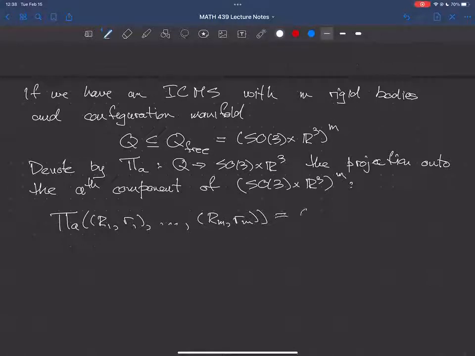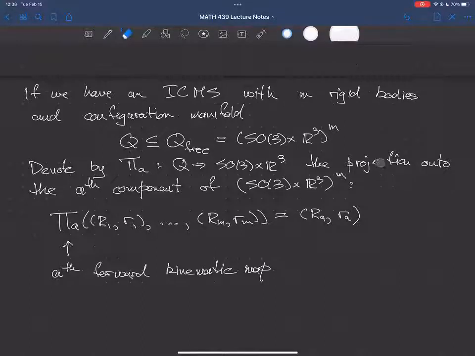So this is simply RA. Okay, and this is what's called the 8th forward kinematic map. Okay, and it's very simple. Mathematically, it's simple, and physically, it's simple. Mathematically, it's just what I just wrote. It's a projection, right?